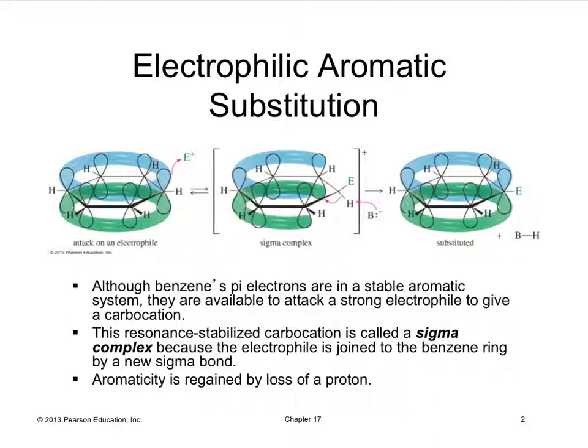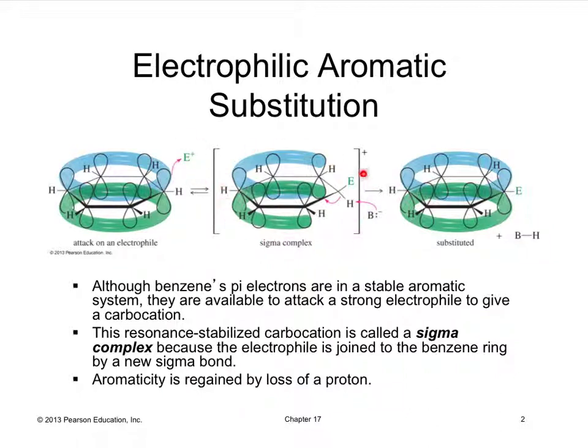So in terms of electrophilic aromatic substitution, although benzene's pi electrons are in the stable aromatic system, they're available to attack a strong electrophile to give a carbocation. So the pi electrons will attack an electrophile.